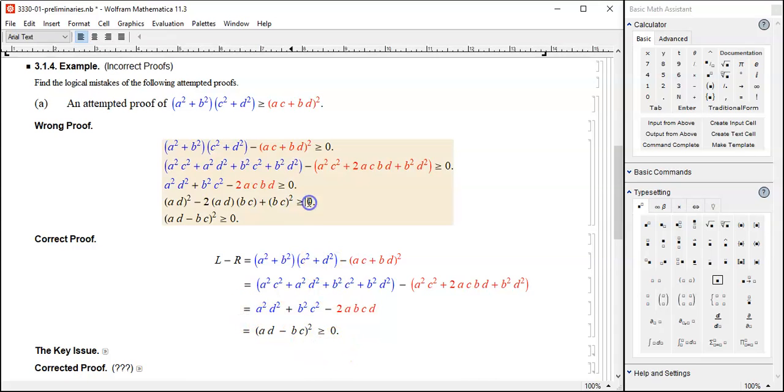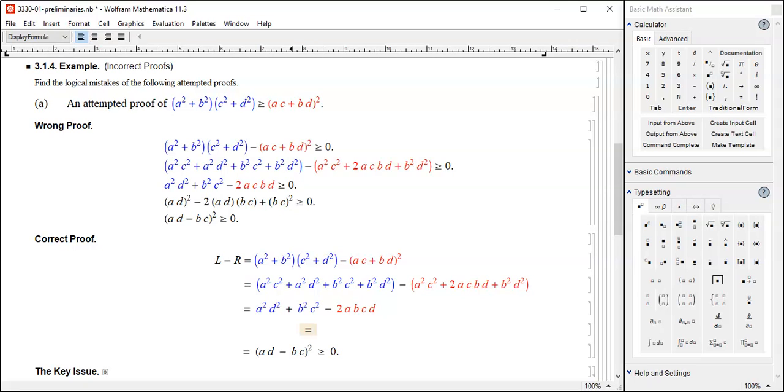And then, okay, I may have skipped a step here, but I could have easily inserted one. So this is AD squared minus 2AD BC plus BC squared.